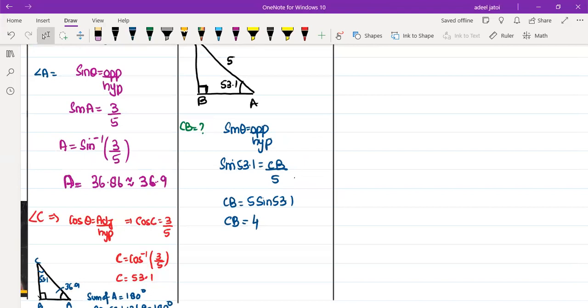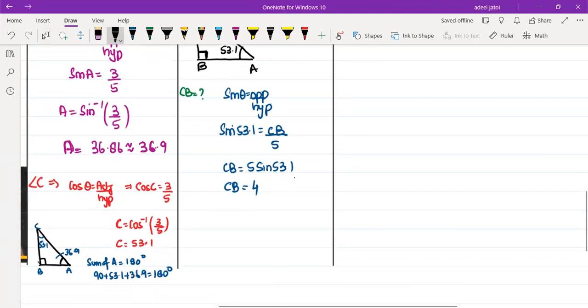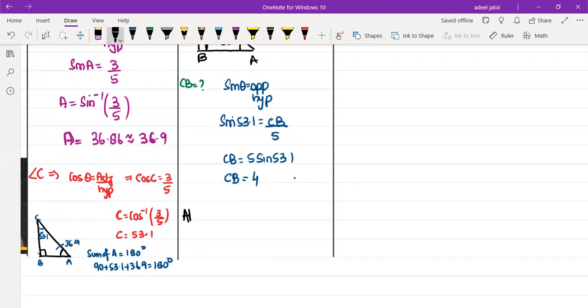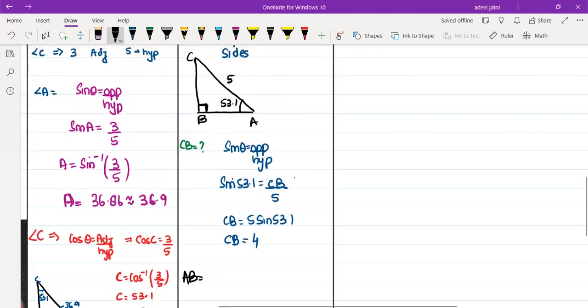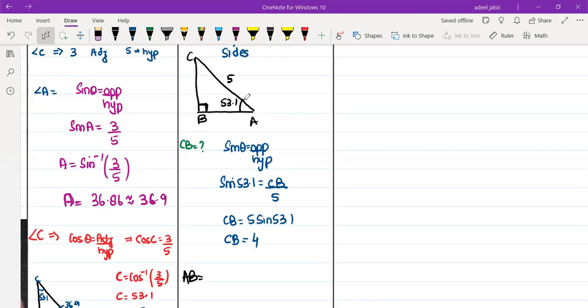Whereas, if we are told to find out AB, considering that your AB is adjacent now, because we don't need opposite, we need adjacent. So adjacent is to be found out and hypotenuse is given.